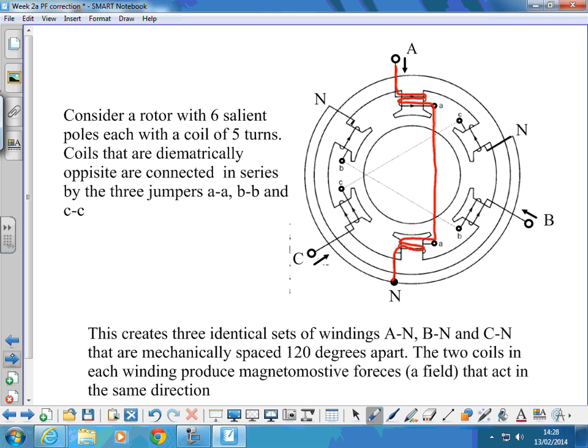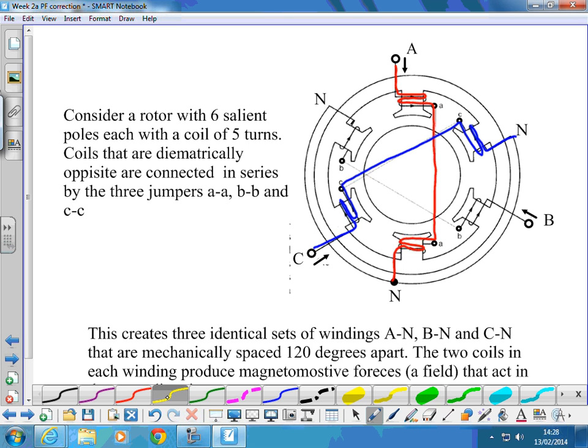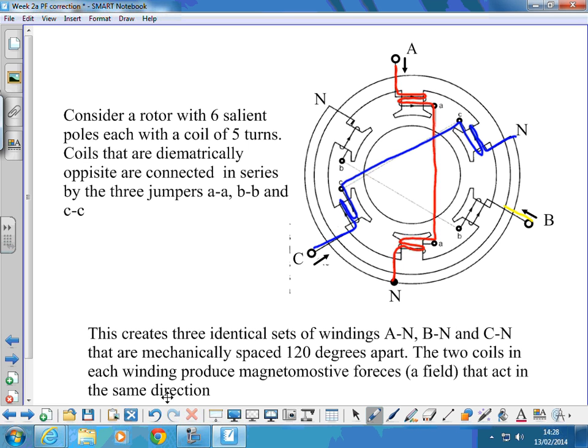I'm going to make no apologies for using old colours here. The blue phase on C, to there, across the middle, to there, to neutral. And then the old yellow phase is there, across the middle, to that one, and to neutral.